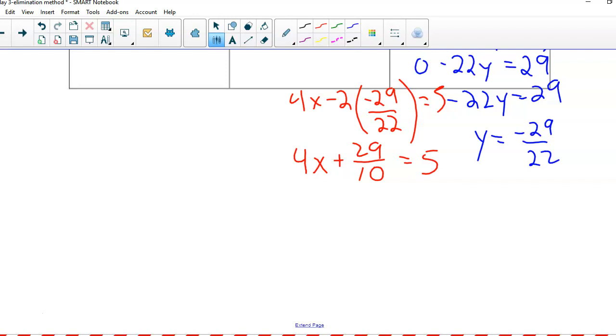So do 5 minus 29 over 10 in your calculator. I don't know if that is right or not, but that's the decimal you got. 21 over 10 is the same as 2.1. Yes.